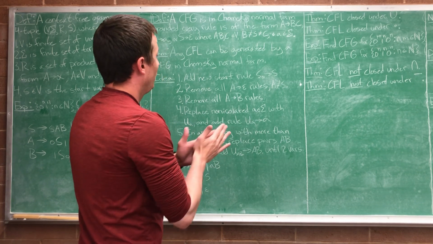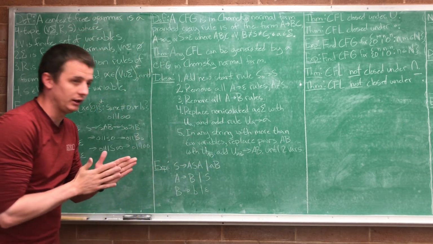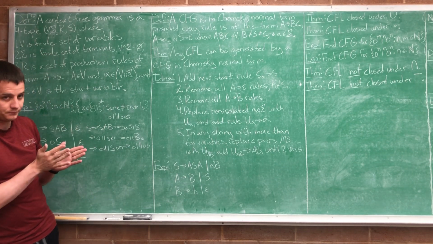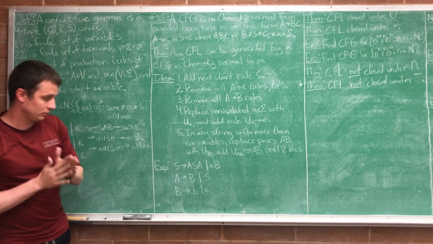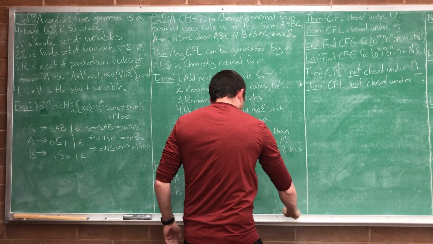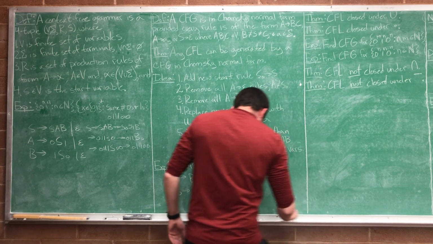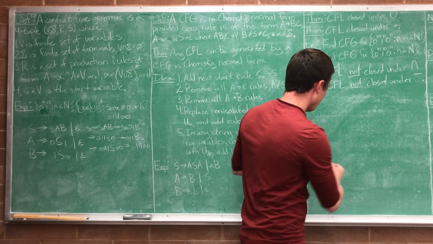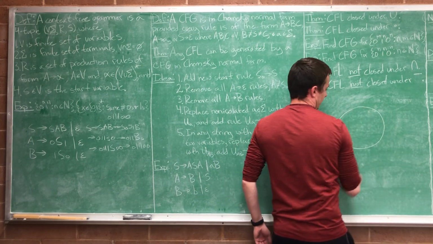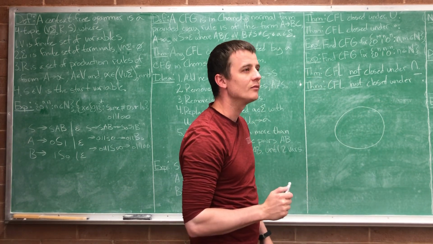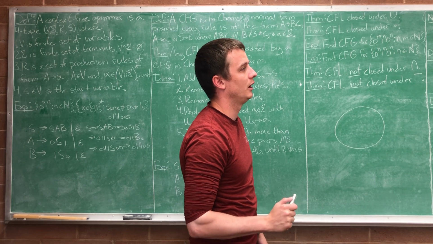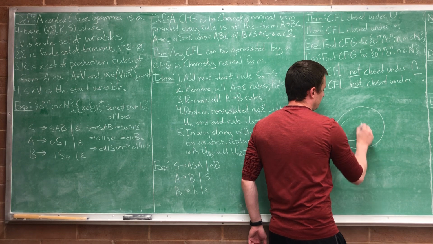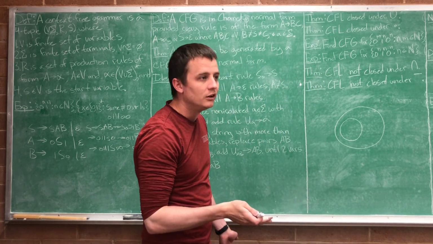Okay. Now we have a notion of getting a grammar in a particular form called Chomsky normal form. If these are all our context-free grammars, then a subset of those are going to be the grammars in Chomsky normal form.